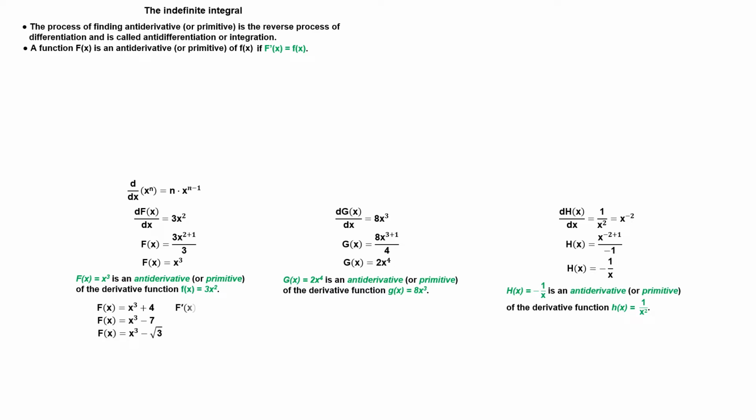So every such function is an antiderivative of 3 times x squared. Any function of the form x cubed plus or minus c, where c is any number, has a derivative of 3 times x squared. You could see this with the other examples as well.